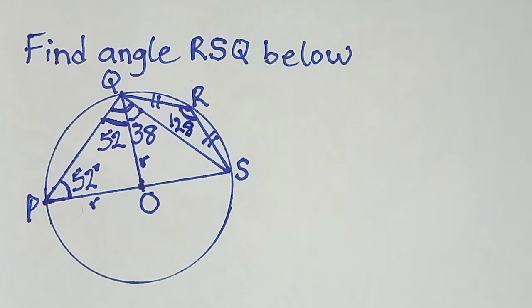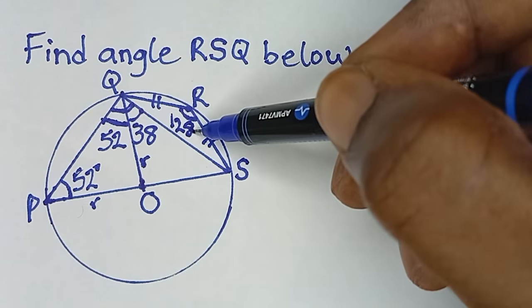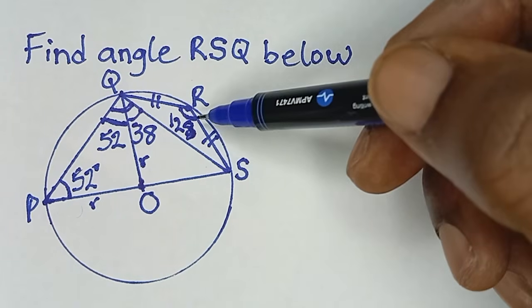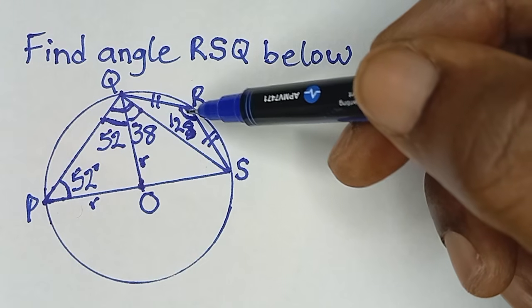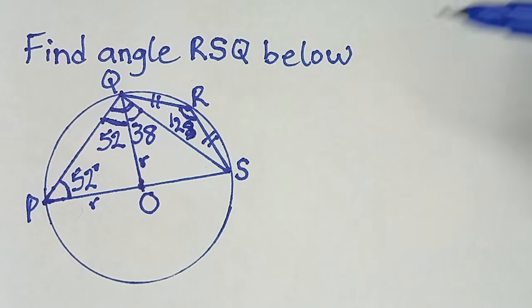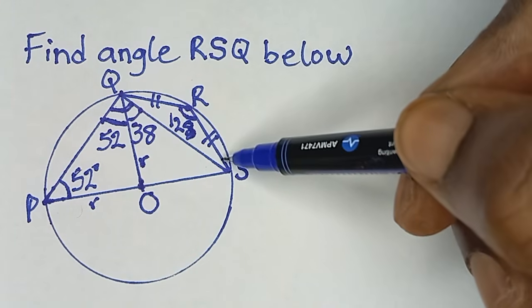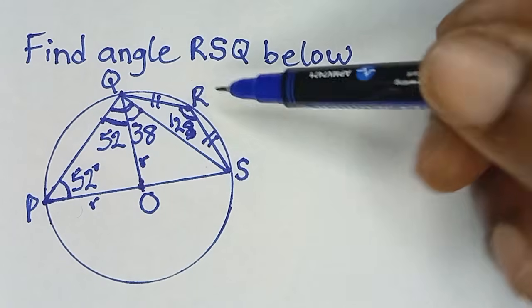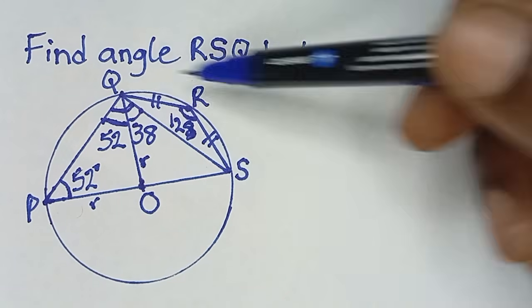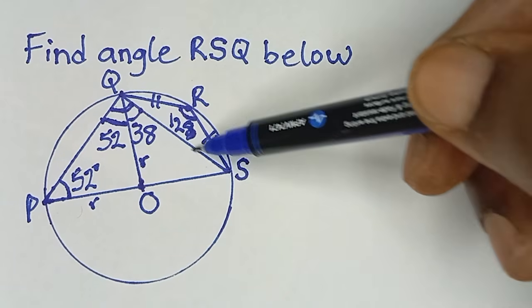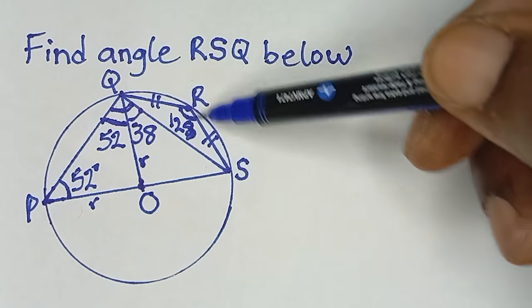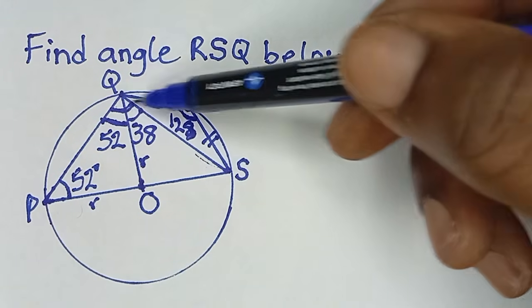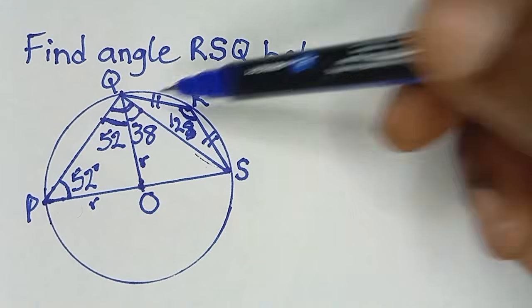So this angle is 128 degrees. If this is 128 degrees, don't forget these two sides are equal, meaning this triangle QRS is an isosceles triangle because the two sides are equal.